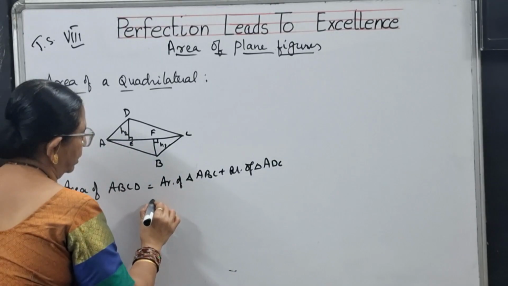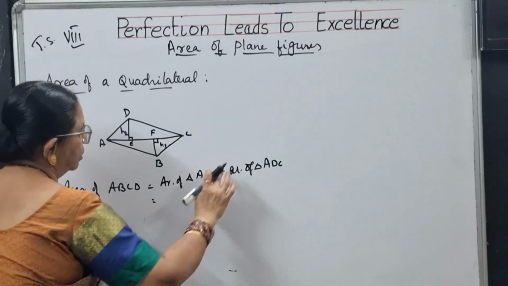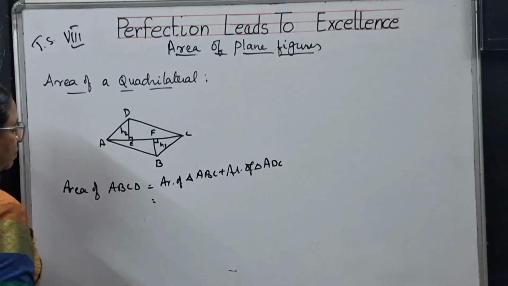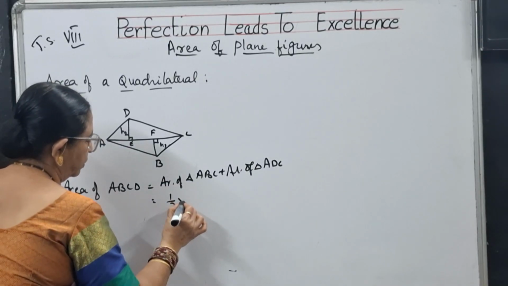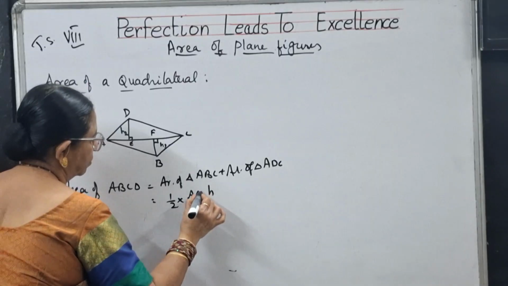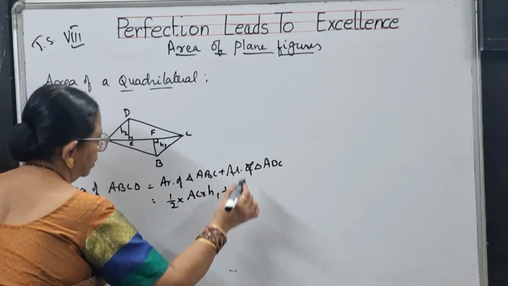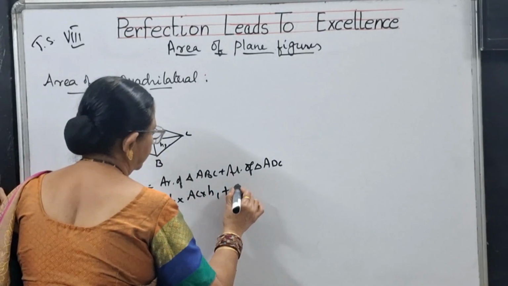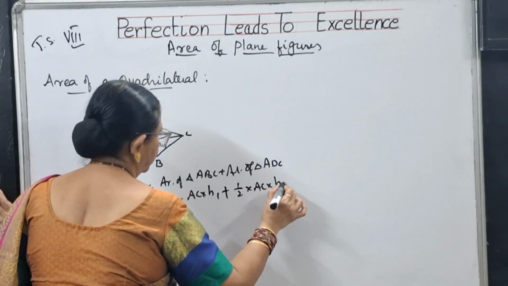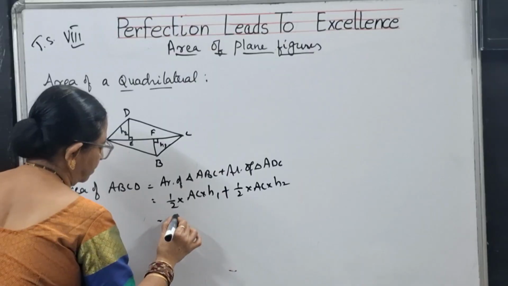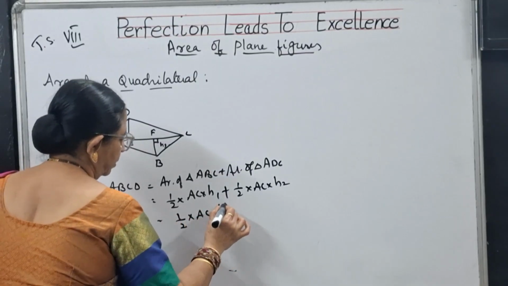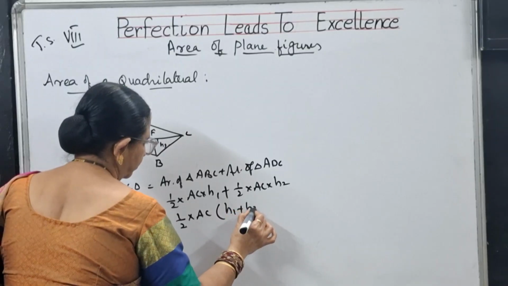Area of triangle ABC, you can write, is half base into height, is the formula, no? So half into AC, base is AC, into h1, plus area of triangle ADC is also half into base AC into h2. So in both cases, half is common, AC is common, into h1 plus h2.